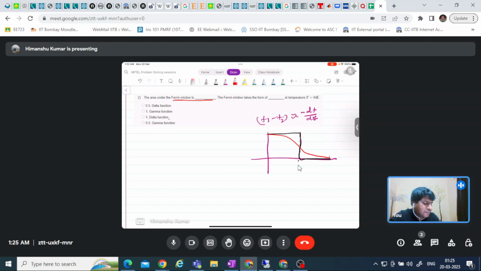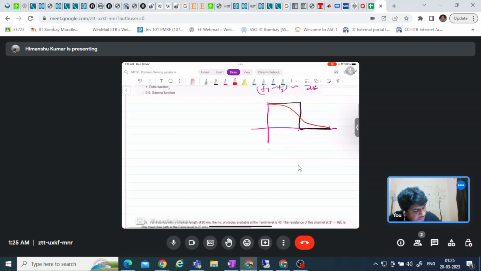In the near equilibrium case, the window function is given as the slope of this function. If we calculate the slope, it will become like this.